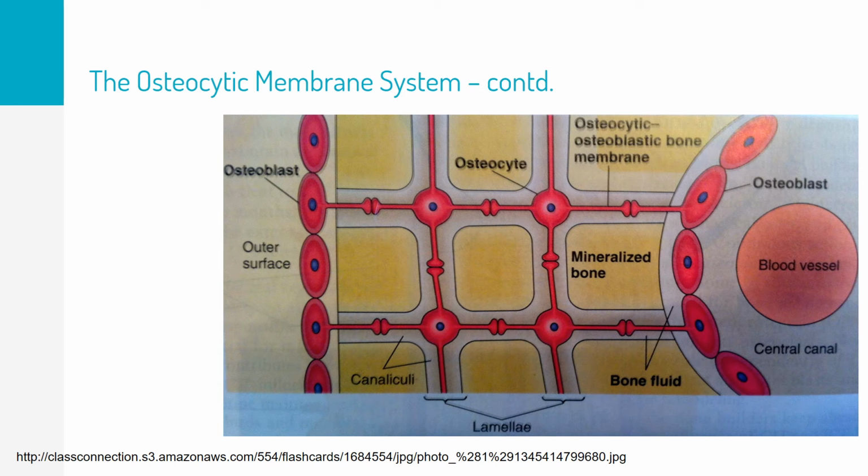Okay, in this slide you guys can see the osteocytic membrane system, and those are the osteoblasts on the outer surface, and again some other osteoblasts on the inner surface close to the blood vessel, and between those osteoblasts we have the osteocytes sitting in the center, 4 of them actually. Okay, so the question comes, where does parathyroid hormone fit here?